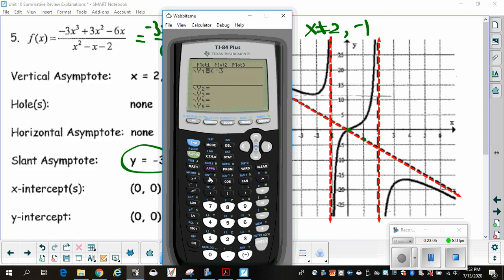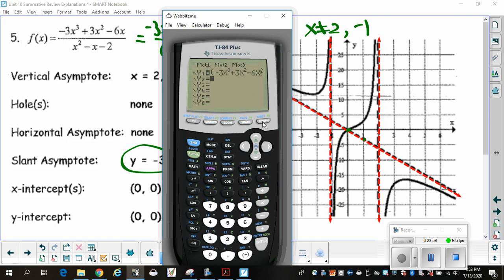When you graph this, -3x cubed plus 3x squared minus 6x divided by, in parentheses, x squared minus x minus 2.